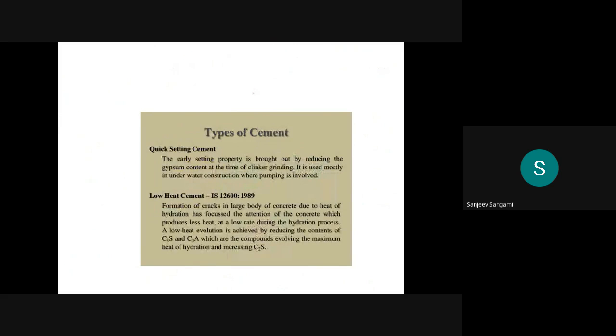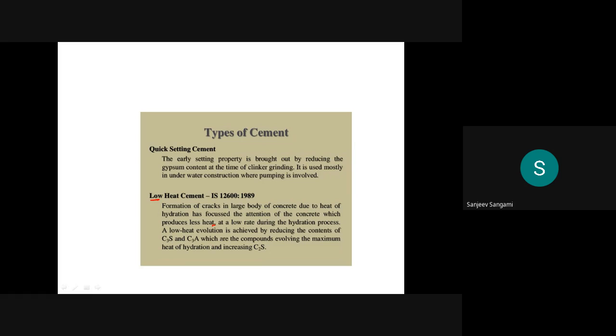Then quick settling of the cement is also very important, and the low heat cement. The formation of cracks in a large body of concrete due to the heat of hydration has focused attention on concrete which produces less heat at a low rate during the hydration process.